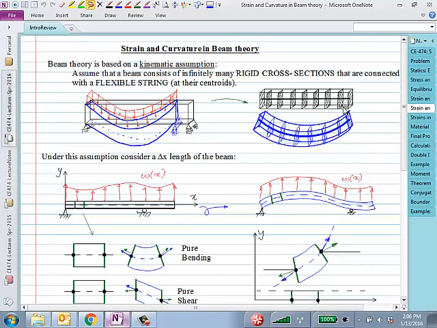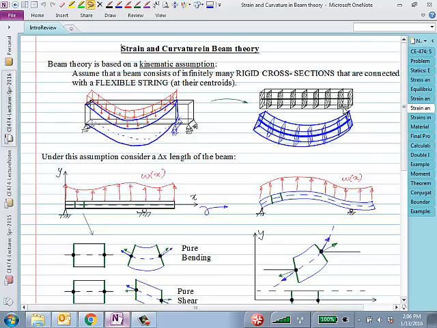So if you can see this beam, there is a center line right across the length here, and there's a bunch of these vertical lines that denote cross sections all along the length of the beam, right? And as I deform this beam, even to pretty large deformations, hopefully you can see that all these vertical lines remain straight.